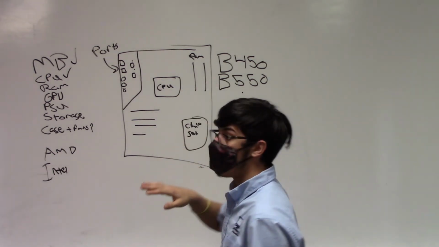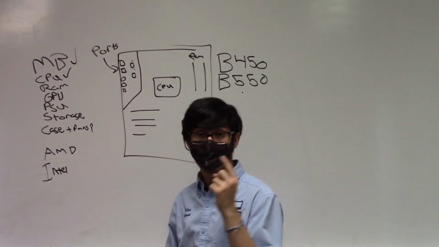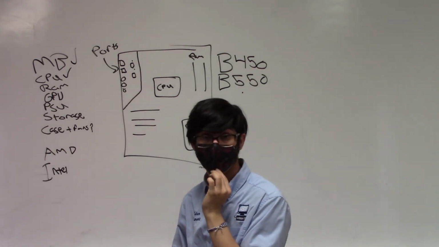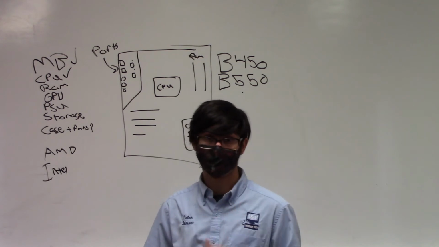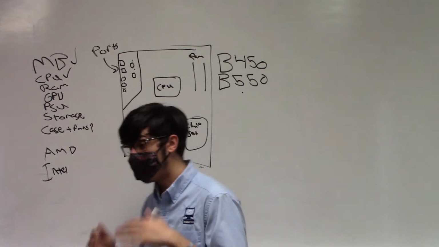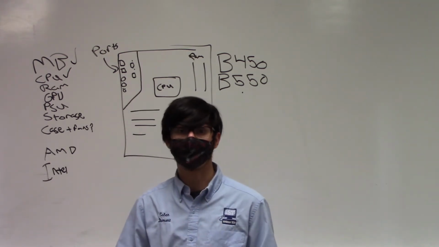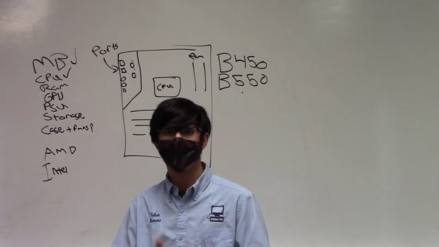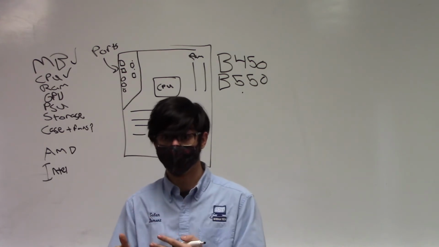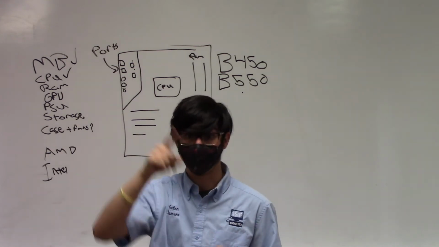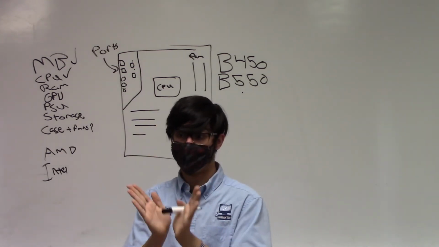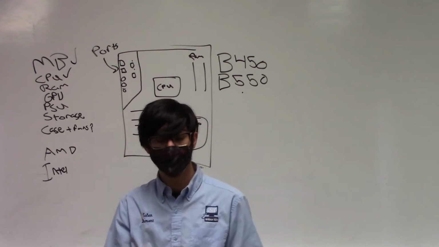So, there's an option for having 1, 2, 3, or 4 sticks of RAM. I suggest having a minimum of 2 sticks in your setup, because if you have only 1, you'll be running in something called single channel, and if you have 2, you have dual channel. And dual channel is much better than single channel because you're essentially running in a loop. You have 2 channels, and it's essentially just like a wishbone.